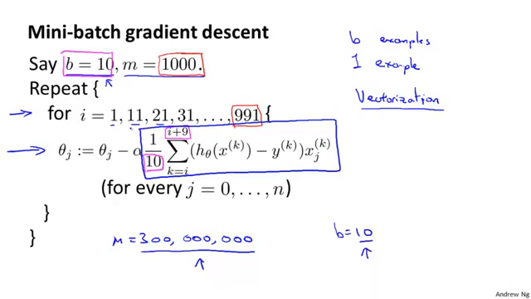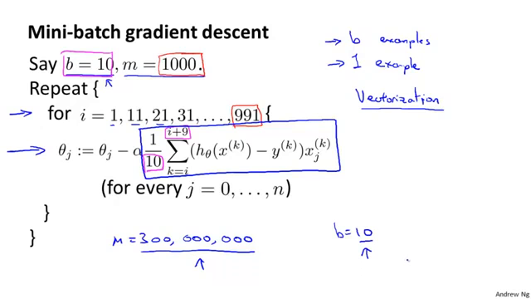So in other words, by using appropriate vectorization to compute the derivative terms, you can sometimes partially use the good numerical linear algebra libraries to parallelize your gradient computations over the b examples. Whereas if you were looking at just a single example at a time with stochastic gradient descent, there isn't much to parallelize over, or at least there's less to parallelize over.